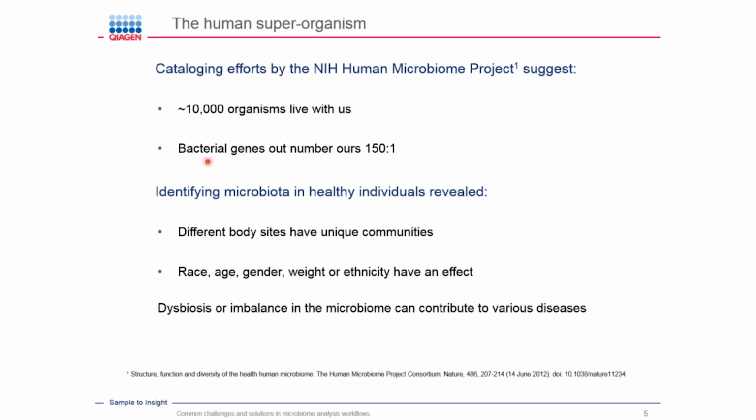The different microbiota on your body can now be revealed due to better technologies, and they show an effect not only on us, but also our age, our gender, our weight, or our habits, like dietary habits, have an effect on the microbiome. So it's a balance, and it's a back and forth between us and our microbiome.